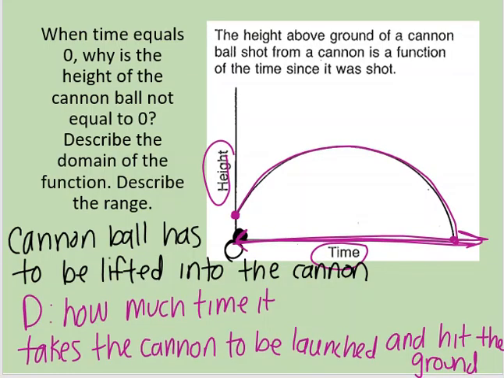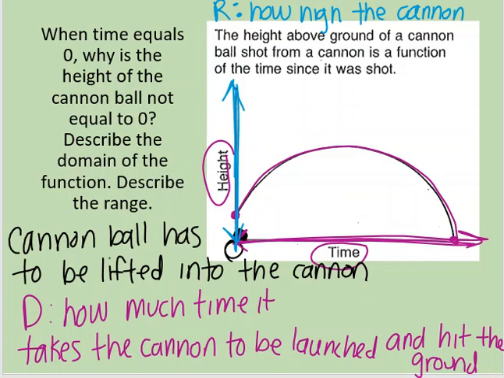Okay? And then my range, we're going up and down. I'll write it up here. It is how high the cannonball goes. Okay? I think we got one more.